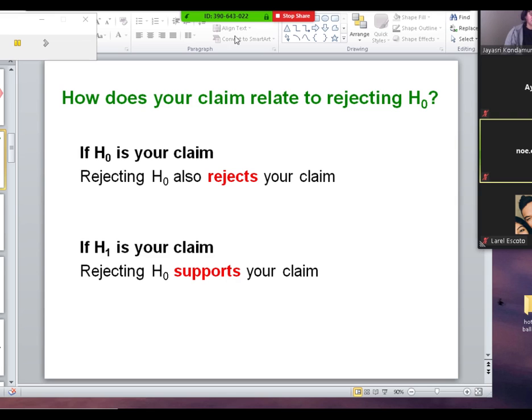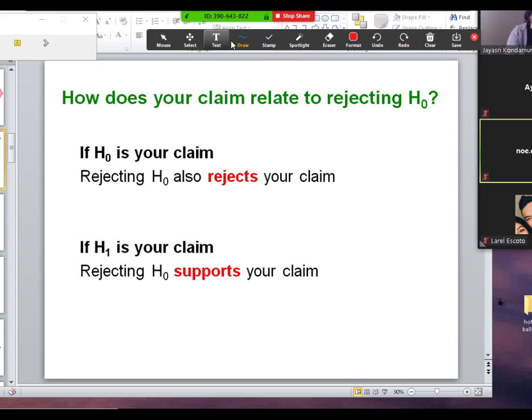And again, the way to remember this is to think about the alphabet. QRS, TUV, WXYZ, QRS. Q just starts you off. But R, H naught comes before H1, right? H naught comes before H1.